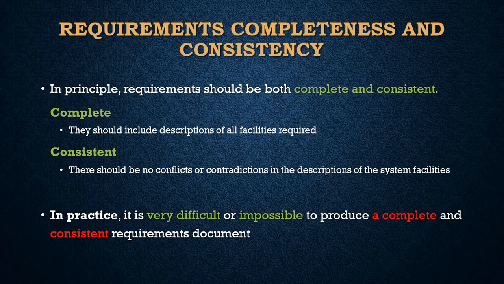To be consistent, all the requirements stated in the specification document should be non-contradictory. That is, for a specific condition, there should be only one corresponding action mentioned in the specification document. In a nutshell, to make the software project a success, the requirement statements should be unambiguous, precise, complete, and consistent.